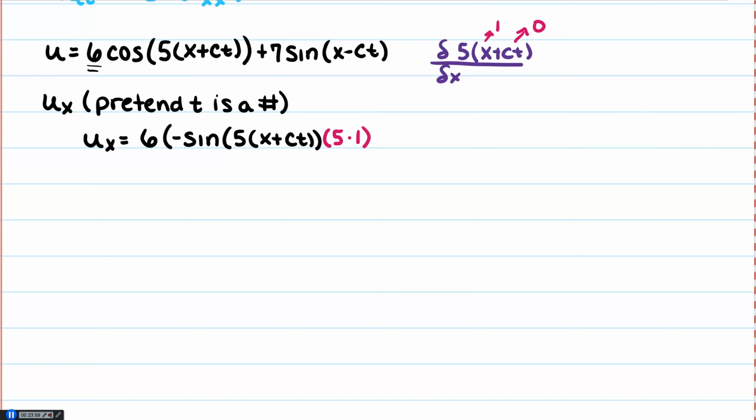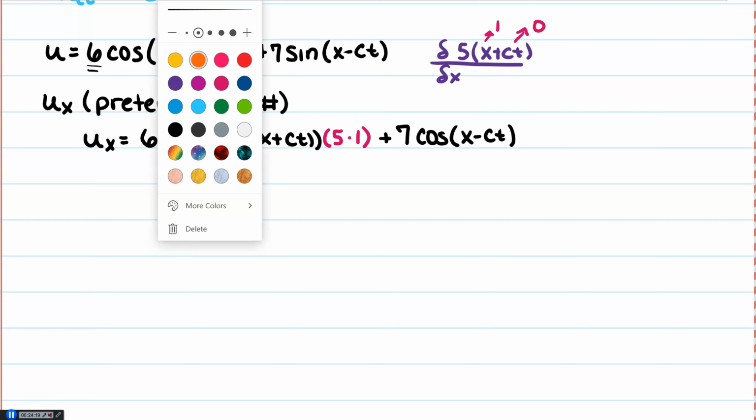And now we have to do the next portion. So plus, the 7 is going to come down. Now the derivative of sine is cosine, so cosine of (x minus ct). And since the inside, the thing I was originally taking sine of, is not just x, we have to multiply by its derivative.